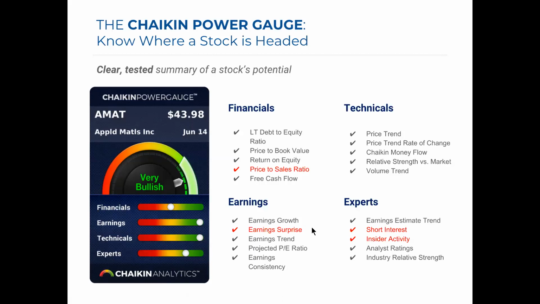When I'm buying a stock, I want not only the rating to be bullish or very bullish, but I want these factors to be bullish as well. And during earnings season, if I'm going to buy a stock right before they report earnings, it's critical that this earnings component be strong, and in particular this earnings surprise, because the earnings surprises tend to affect the estimate trends, which affects the volatility that surrounds that stock once they report.